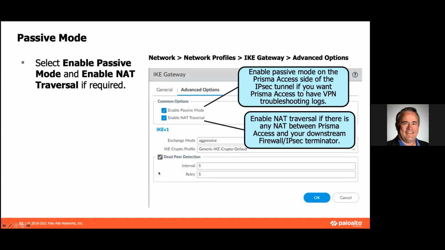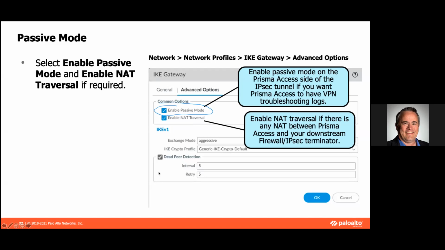One hint to improve troubleshooting capability within Prisma Access, that gives you the viewability or enhanced viewability of problems, is making sure that on the nodes up in Prisma Access, the IPsec terminations to your SPNs and your service connections, you enable passive mode on those.